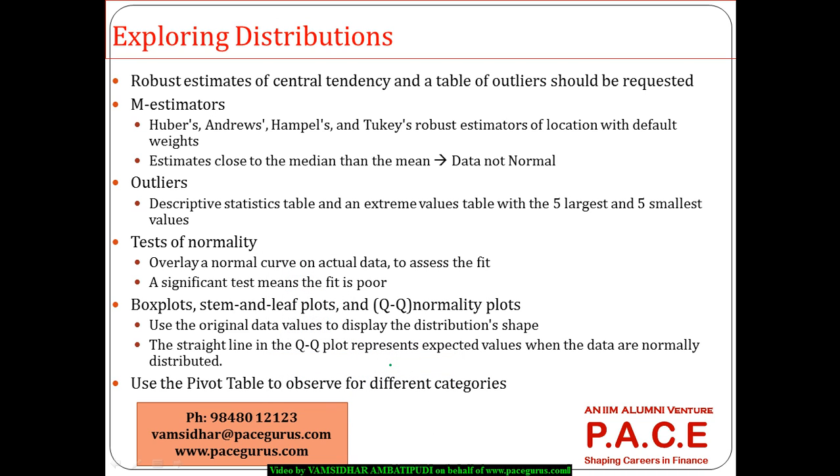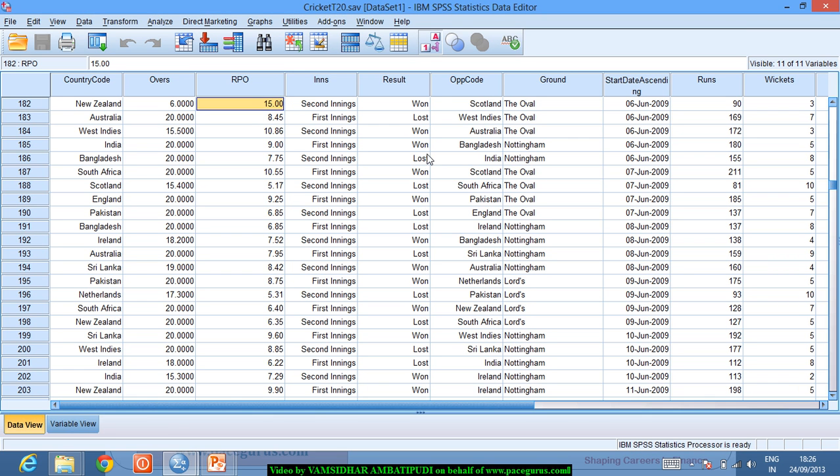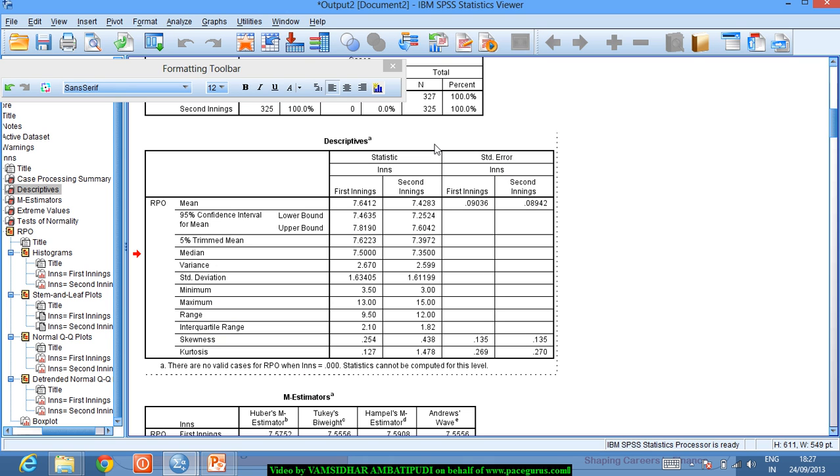These are various ways in which Huber, Andrews, Hampel and Tukey have come up with their own mechanisms and formulas to estimate the average value from the data. This is what our data has shown as part of those M-estimators.